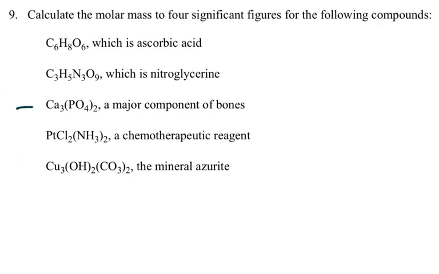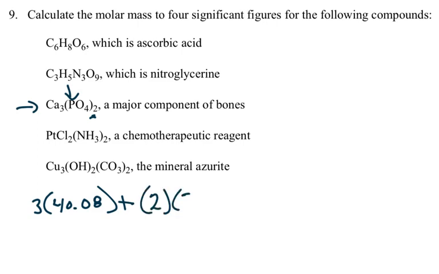Okay, number 3. Now calcium. We have 3 calciums, so 3 calciums, which is 40.08. Now, our next element is phosphorus, but how many do we have? We have 1 in phosphate, but we have 2 phosphates, so it's better just to say that we have 2 of them.